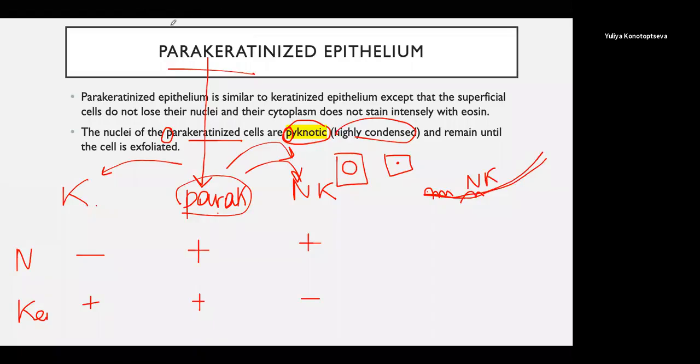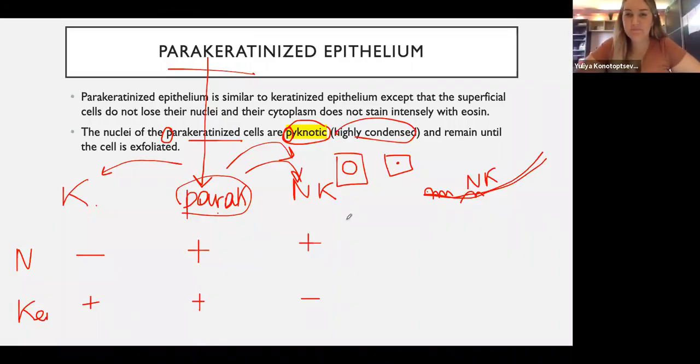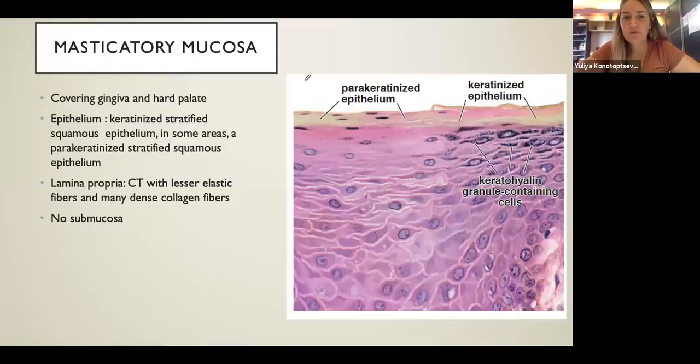Okay, sorry about that. So now we're moving on to the masticatory mucosa. This is the mucosa which is going to be covering your gum, gingiva, and hard palate. A very important question in the oral exam is which structures participate in the chewing, in the mastication process. Of course, it's your teeth.